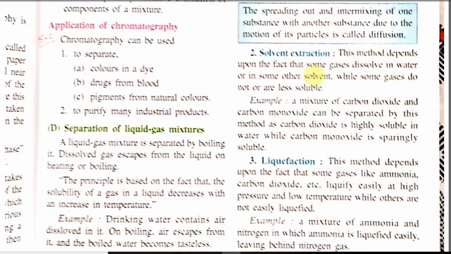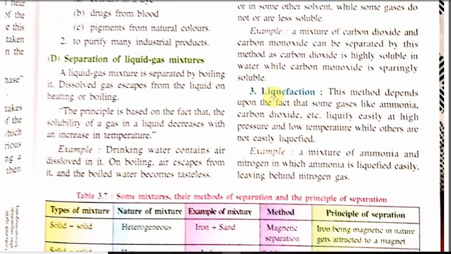And we also have the solvent extraction method. This method depends upon the fact that some gases dissolve in water or other solvents, while some gases do not dissolve or are very less soluble. For example, a mixture of carbon dioxide and carbon monoxide can be separated, as carbon dioxide is highly soluble in water, but carbon monoxide is very less or sparingly soluble in water.